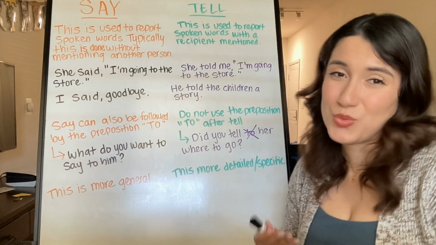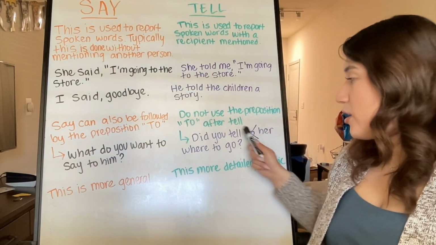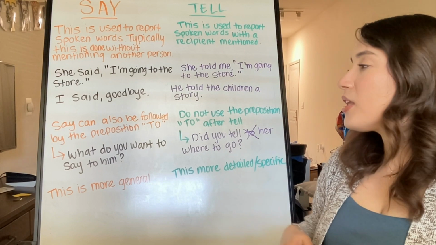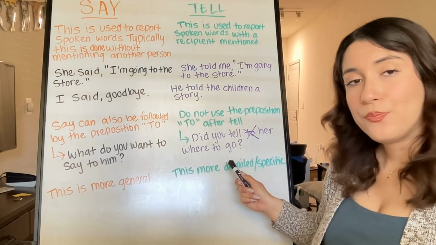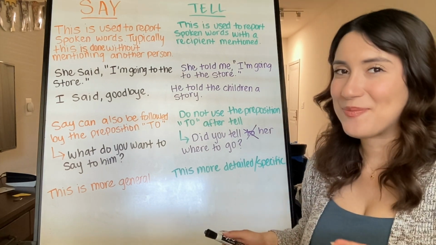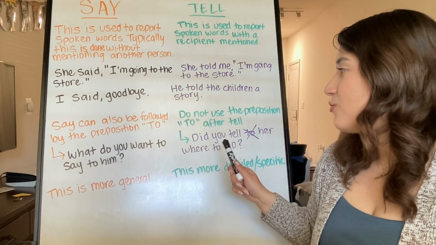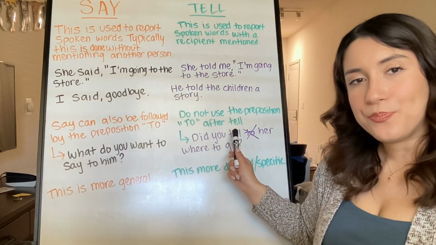And that doesn't really sound natural. So we want to get rid of that to after the tell and say, did you tell her where to go? And that sounds way more natural. That sounds way better. Okay, so you cannot do the same with tell.